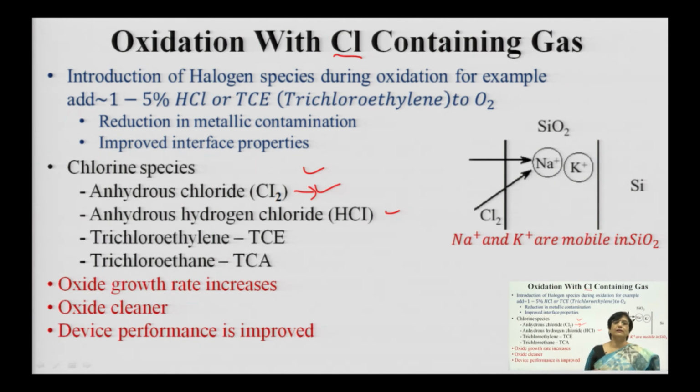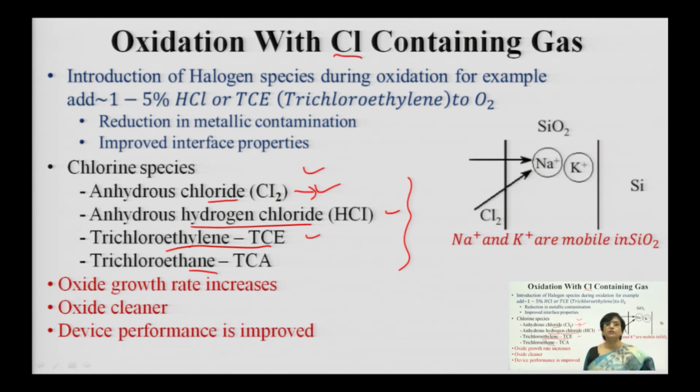Automatically this restricts the mobility of those trapped charges within the oxide layer, and that can be very well done by using anhydrous hydrogen chloride or trichloroethylene, this is TCE, or trichloroethene.